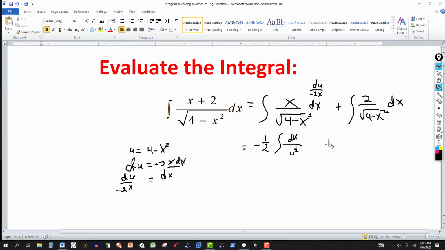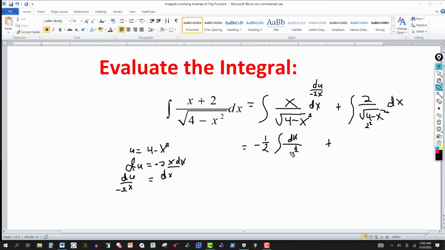Now as far as this one goes here, this is the integral that will lead to the arcsine. The denominator is the square root, and think of the x here as the u, different from this u that I have over here. It's a separate problem. So this will be u squared, and then the 4 would correspond to a squared. If I write it as 2 squared, u would be the x, and a would be the 2.